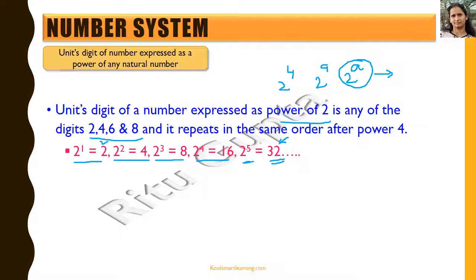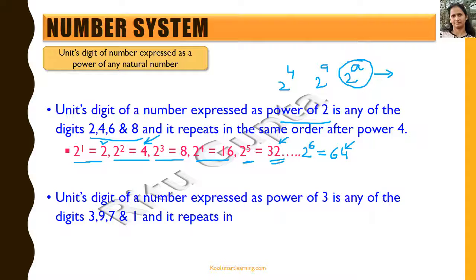Then 2 raised to power 6 is 64, where the units digit 4 is the same as that of 2 raised to power 2. So it repeats itself in the same order after a power of 4: 1, 2, 3, 4, and then 5 comes back to 2. This is how we can find the units digit of any number expressed as a power of 2.